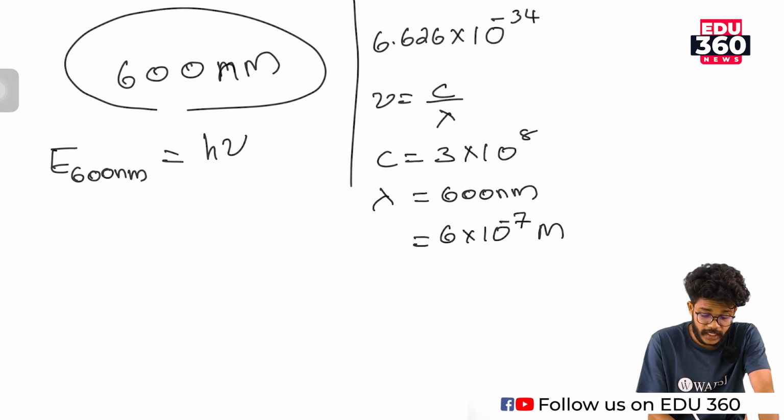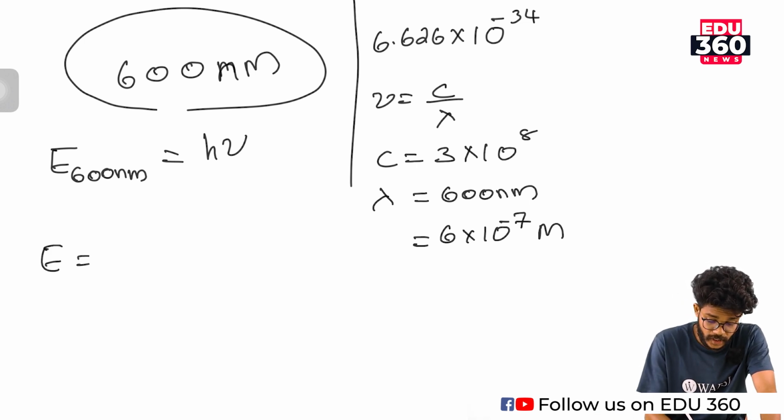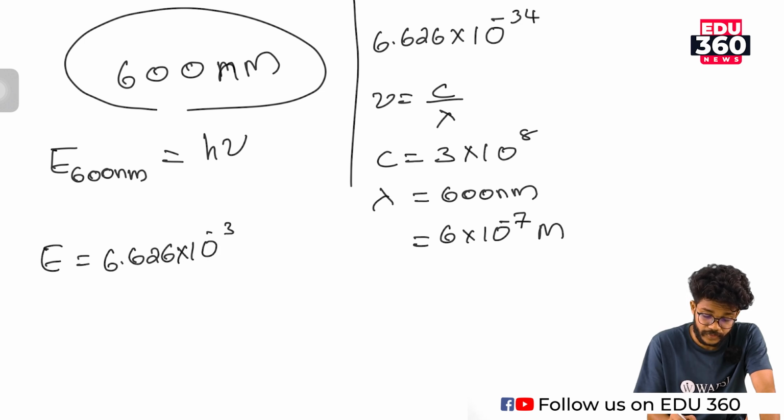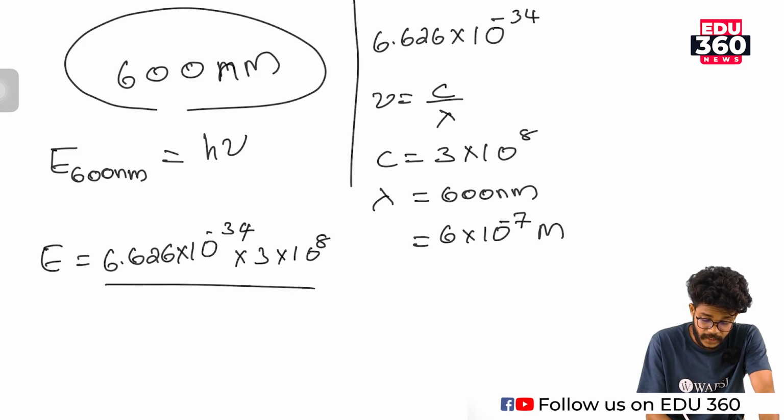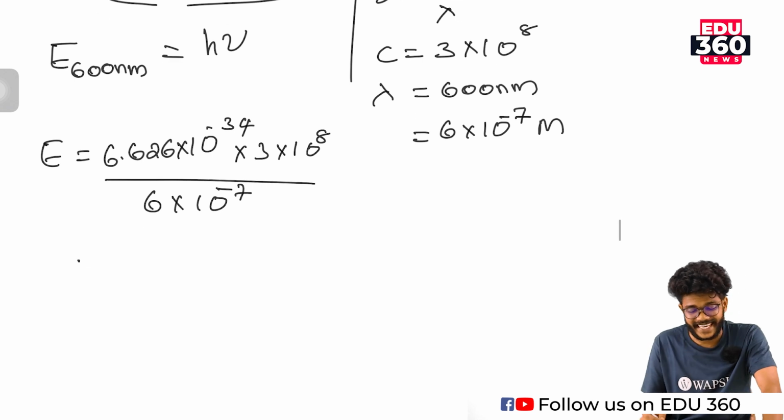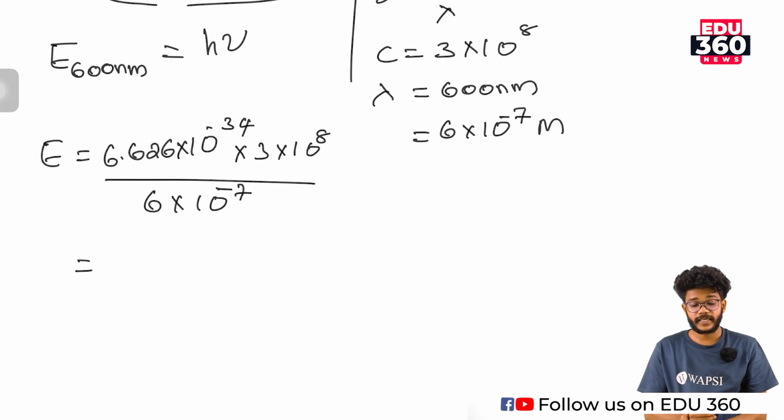So E is equal to h, which is 6.626 into 10 raised to minus 34, and nu is c by lambda, so multiplied by 3 into 10 raised to 8 divided by lambda, 6 into 10 raised to minus 7. We can cancel 6.626 by 6.